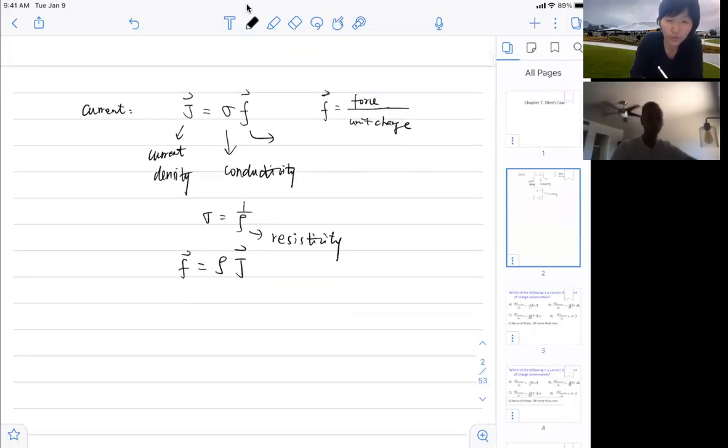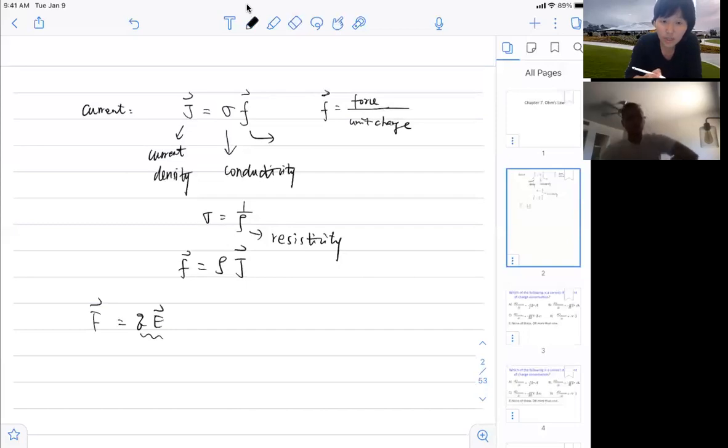So what are the sources for such a force when we're talking about just the E field and the B field? As we said, the Lorentz force is QE, the force from the electric field.